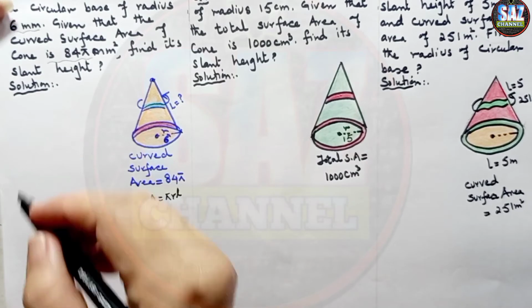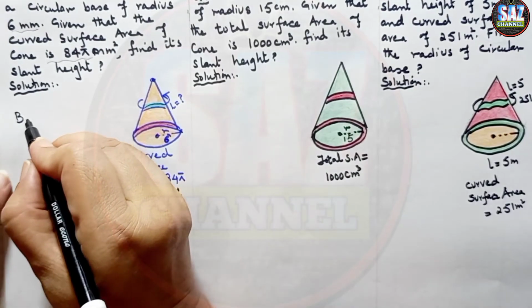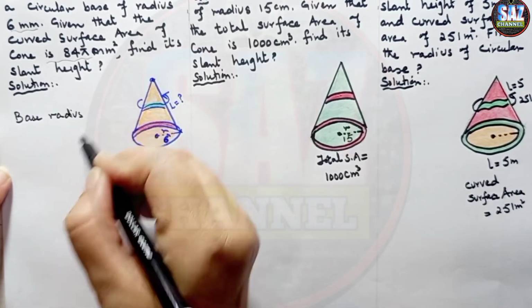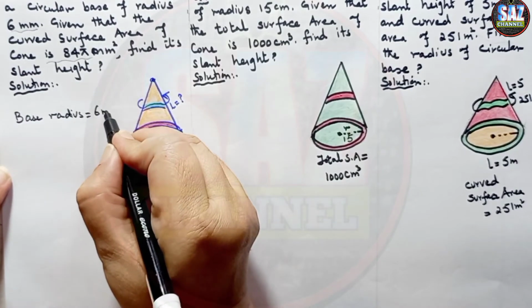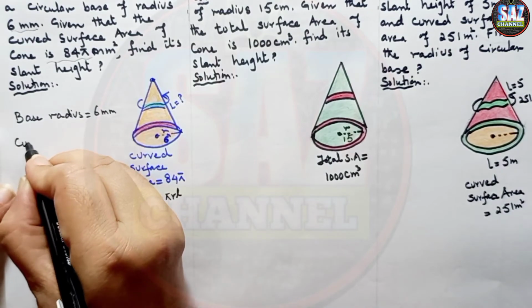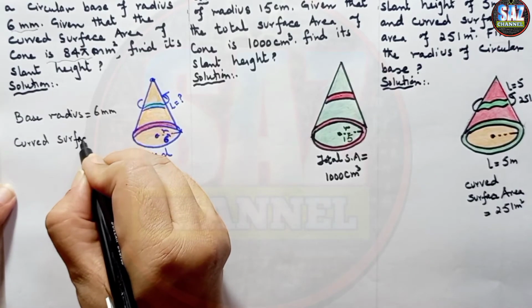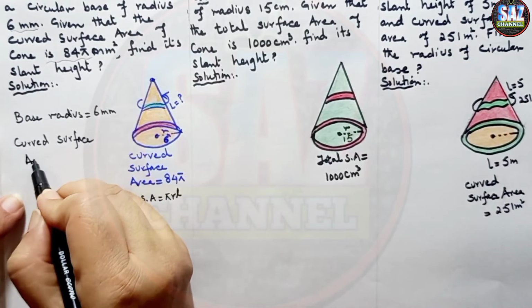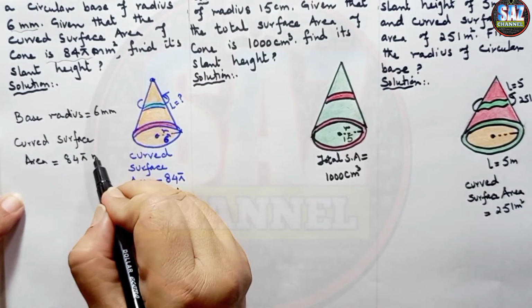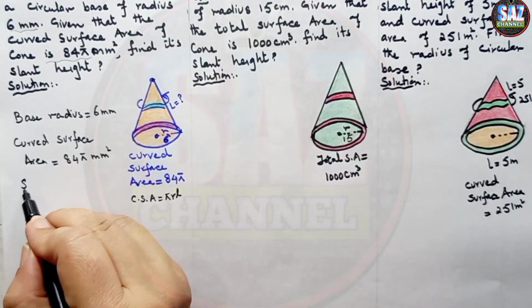Now look, information is given about the base radius, that is 6 millimeters, and the curved surface area is given, that is 84π millimeter square, and the requirement of the question is the slant height, which is missing.